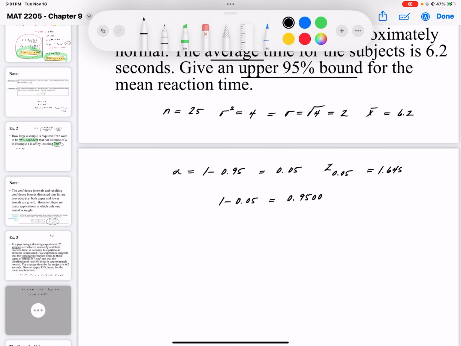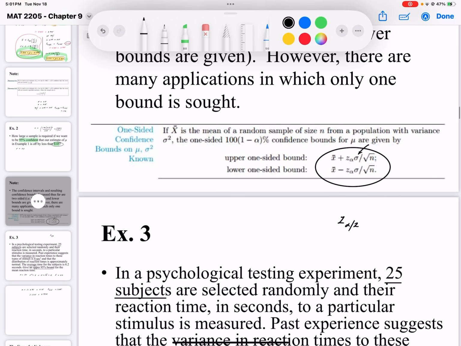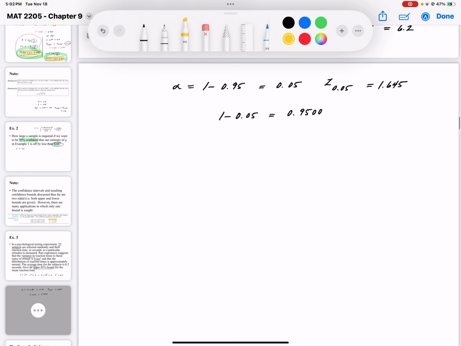Okay. They asked me for an upper bound, so I'm going to use my upper bound formula exactly. You see it sitting right here. So let's plug into that using the values that we have. X bar plus z sub alpha times sigma over square root n.